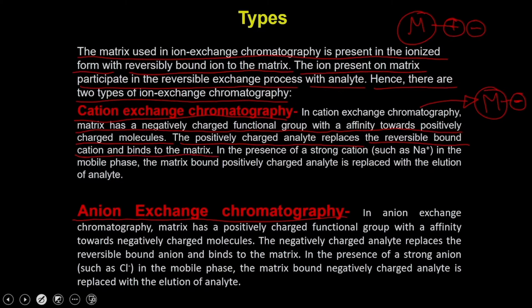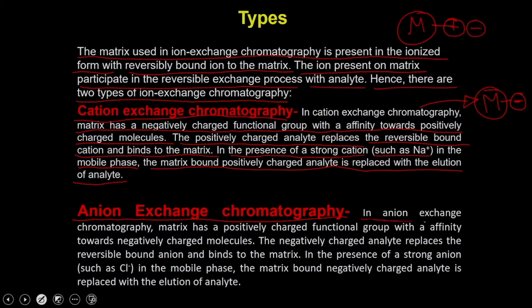When you flow the positively charged proteins, they displace the reversibly bound cations, and they bind. Then ultimately you flow a strong cation such as Na plus in the mobile phase, and as a result the matrix bound positively charged analyte, which is the protein, is displaced, and that is how the analyte is eluted.